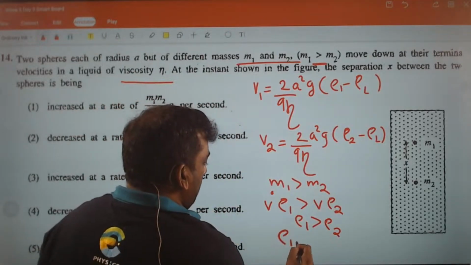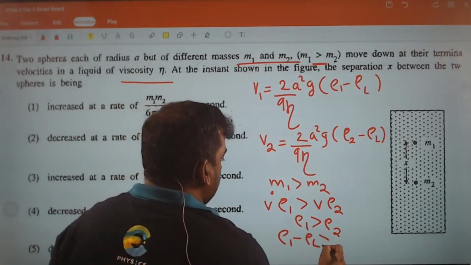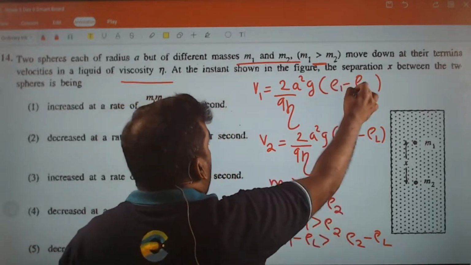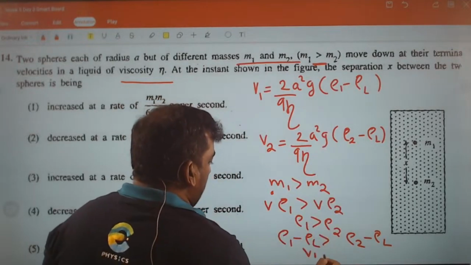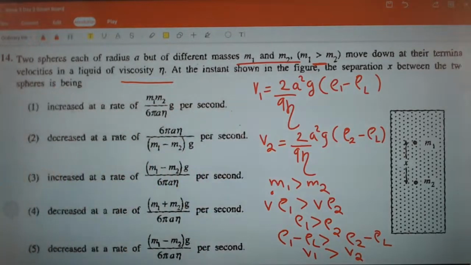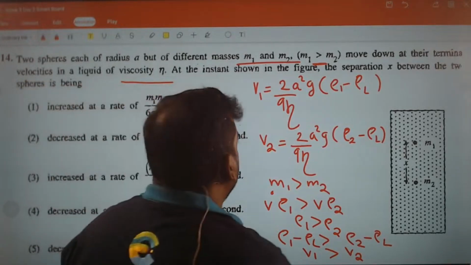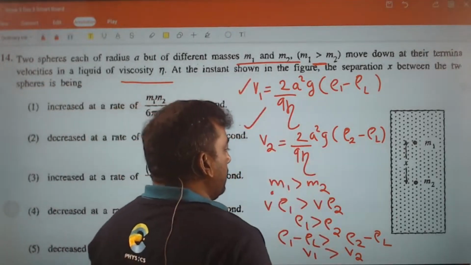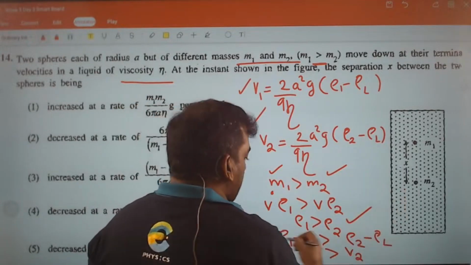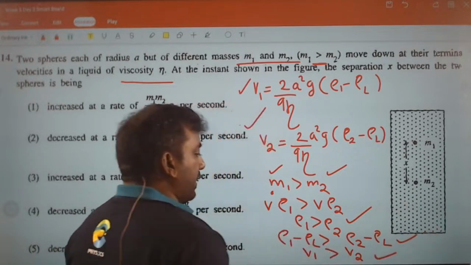Therefore, rho 1 minus rho L is greater than rho 2 minus rho L. Larger change means V1 is larger than V2. So these conclusions you should be able to make quickly.